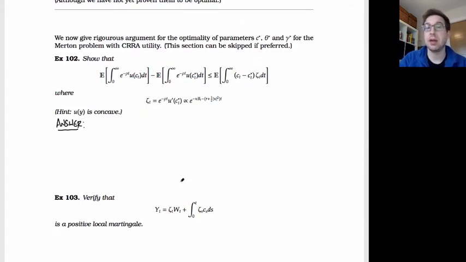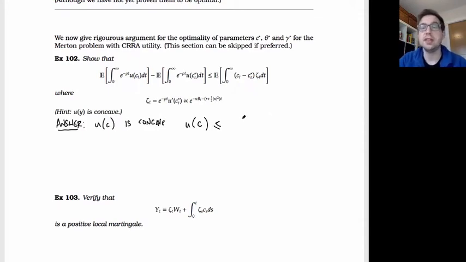So we're just going to use the concavity property of our utility function u. So u of C is concave, and the property of concave functions, or indeed the definition of a concave function, is that we can say that u of C is less than u of C star, some other number, plus (C minus C star) times u dashed of C star.